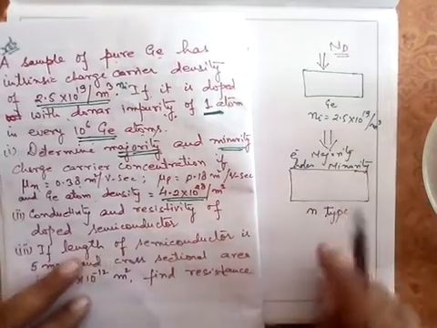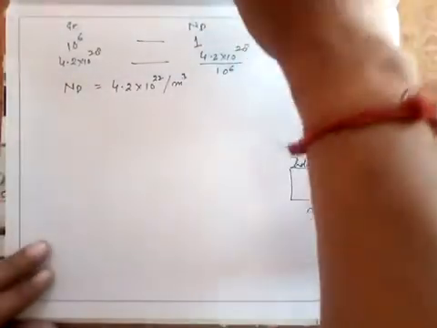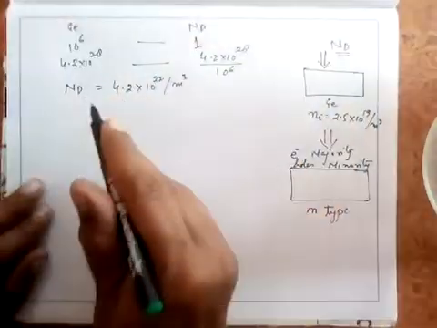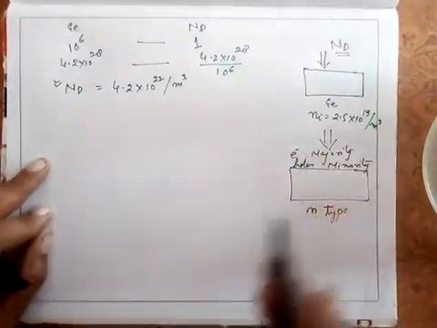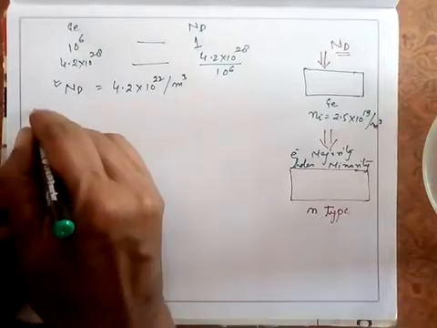This is n type. Now see, it has been doped by this. Look at the solution here. Nd is this much, and this has been made n type. So it is very clear that the majority charge carriers are electrons.